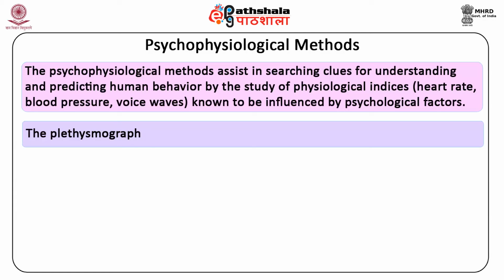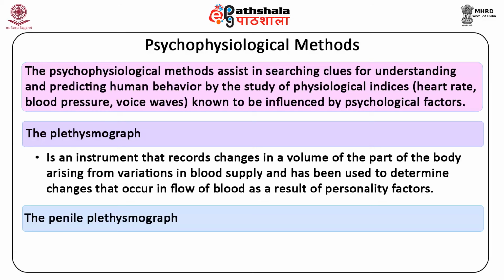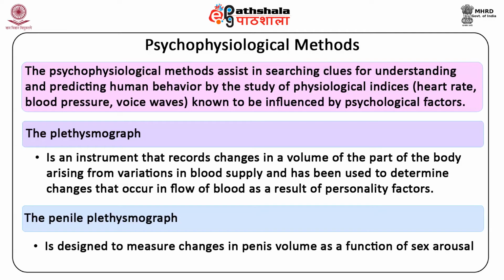The plethysmograph is an instrument that records changes in the volume of a part of the body arising from variations in blood supply and has been used to determine changes that occur in the flow of blood as a result of personality factors. The penile plethysmograph is designed to measure changes in penis volume as a function of sex arousal.